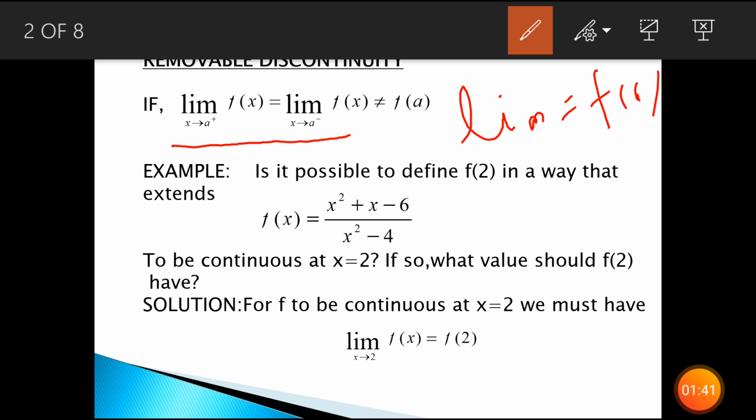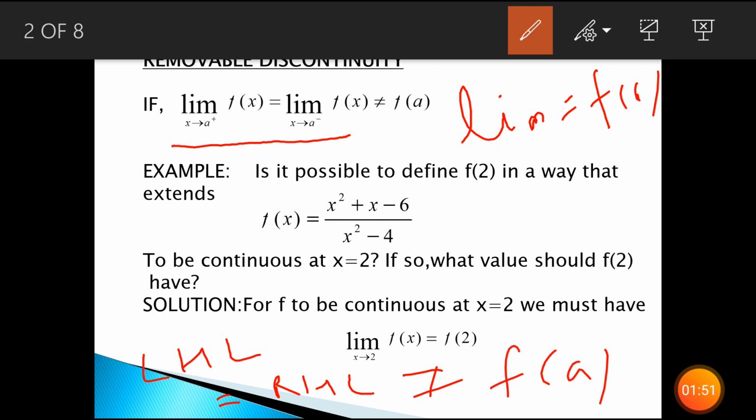It means left hand limit is equivalent to right hand limit, but it is not equivalent to the functional value at that point. So one condition is satisfied, the limit exists, but the second condition, that it should be equivalent to the functional value, does not hold. That discontinuity is called removable discontinuity.